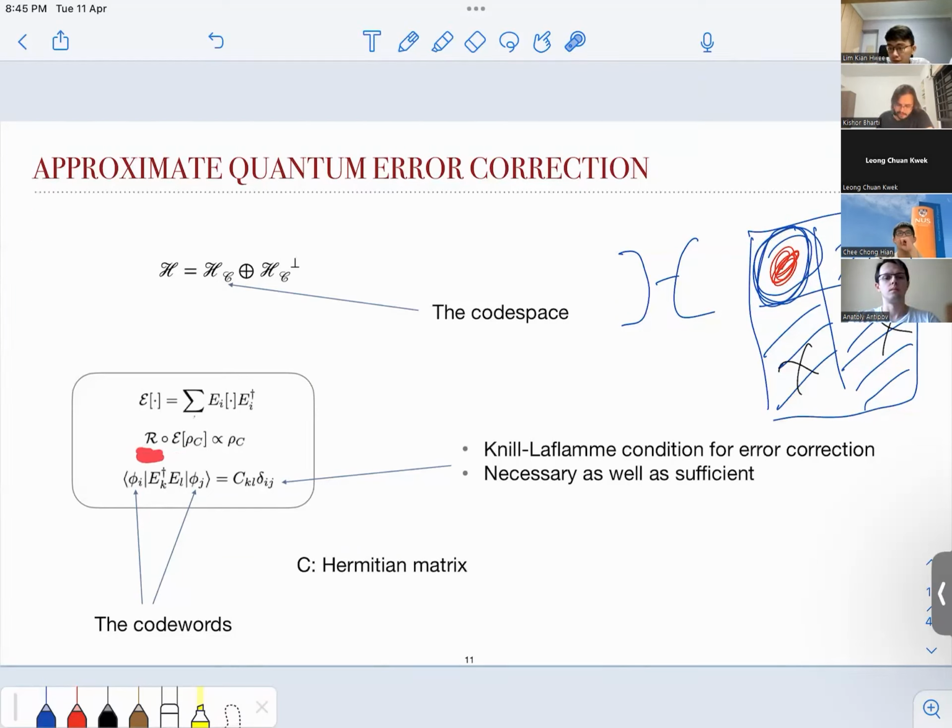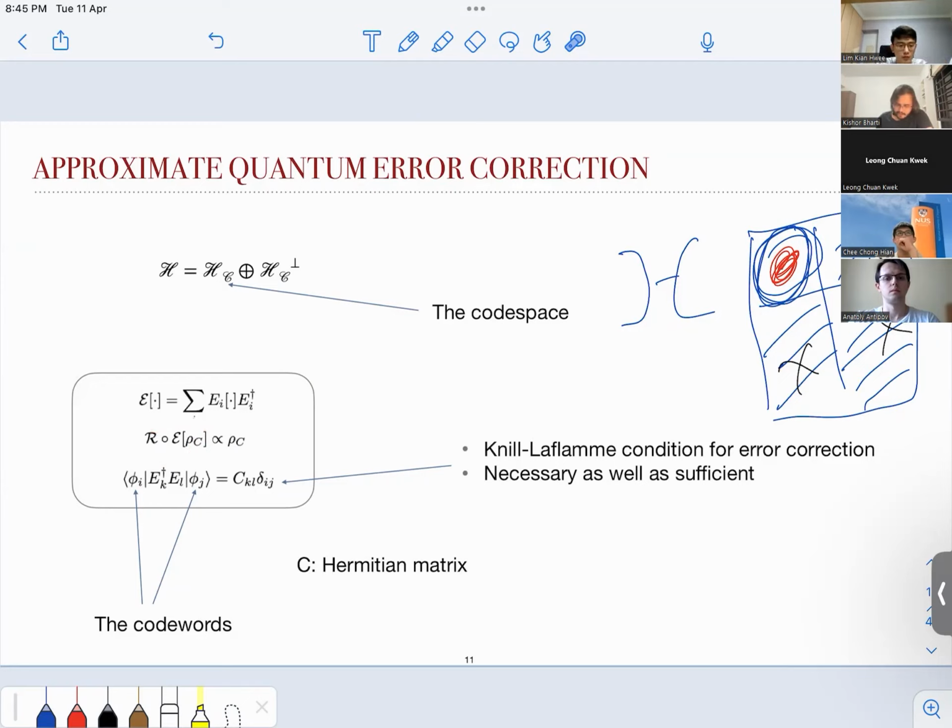Then you have to apply a recovery map, and if R of E of rho_C is proportional to rho_C, then you are okay. Why proportional and not equal? Because it need not be a trace-preserving map. If that happens, you are able to correct the error.